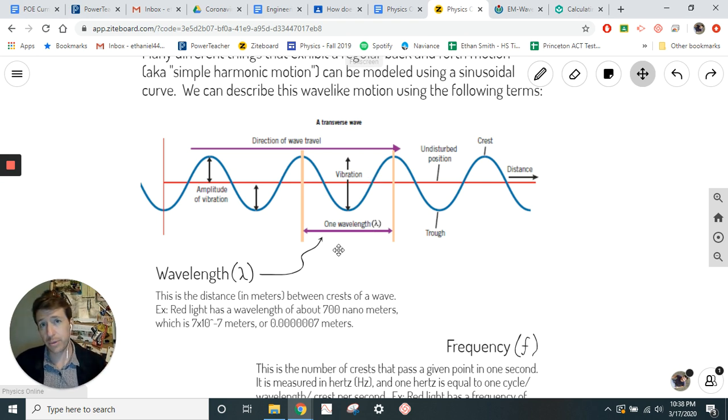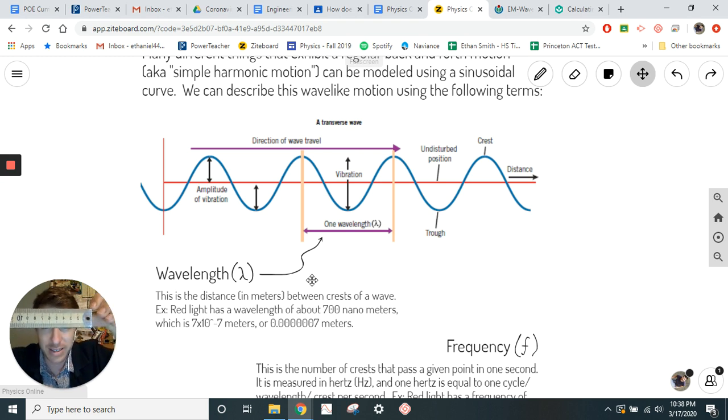So red light, for example, one form of an electromagnetic wave, has a wavelength of about 700 nanometers. So that's pretty small. That's 7 times 10 to the negative 7 meters, about 0.0000007 meters. So if I have my trusty dusty meter stick here, oh, is it upside down? There we go.